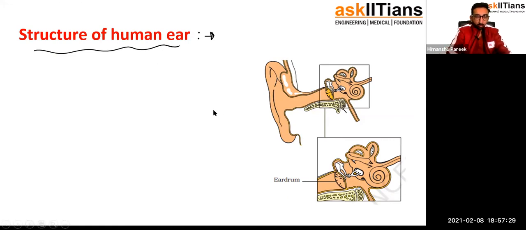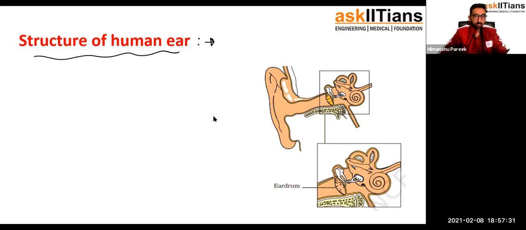Now there are three parts in which I'll be giving you the analysis here. So first of all, how do we hear basically? When someone speaks, it produces vibrations. So those vibrations will move forward. Now, when these vibrations reach our ear, what happens after this?